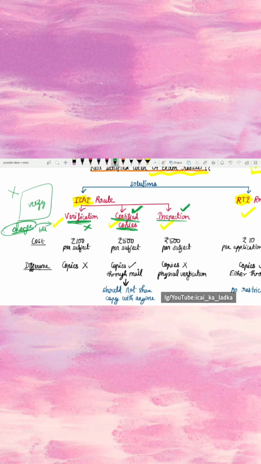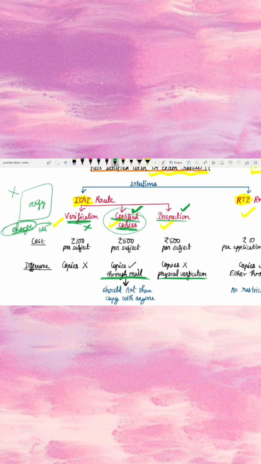So what is the difference between certified copies and inspection? Under certified copies, the mark sheet will be issued through mail, and the answer sheet will be issued through mail. Whereas under inspection, you will have to go and physically verify. That means the answer sheet will not be given to you.